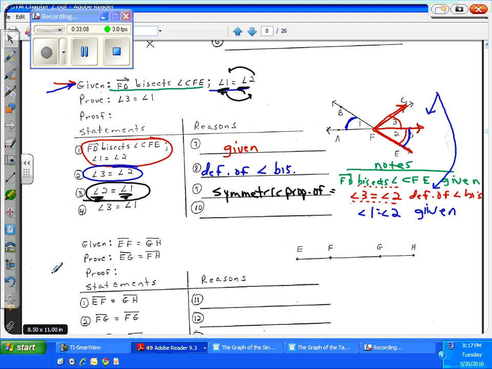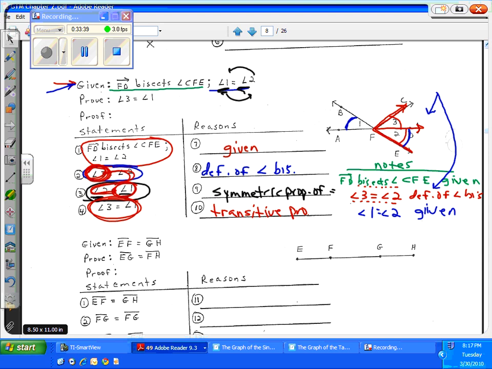You see, we needed that to happen because you can't see how we went from 3 through 2 to 1 if you don't have the 2's back to back there. So we rearranged that so it would flow, and we could see that we're going from angle 3 through angle 2 to angle 1, and we reached the conclusion that angle 3 is equal to angle 1 by transitive property.